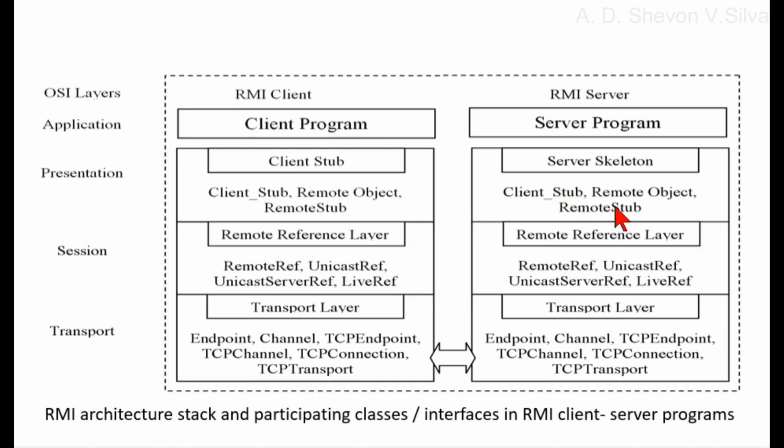Remote reference layer. The remote reference layer handles semantics of invocation. The JDK 1.1 implementation of RMI provides only unicast, point-to-point connection between client and remote service. In JDK 2, this layer is enhanced to support the activation of dormant remote objects.